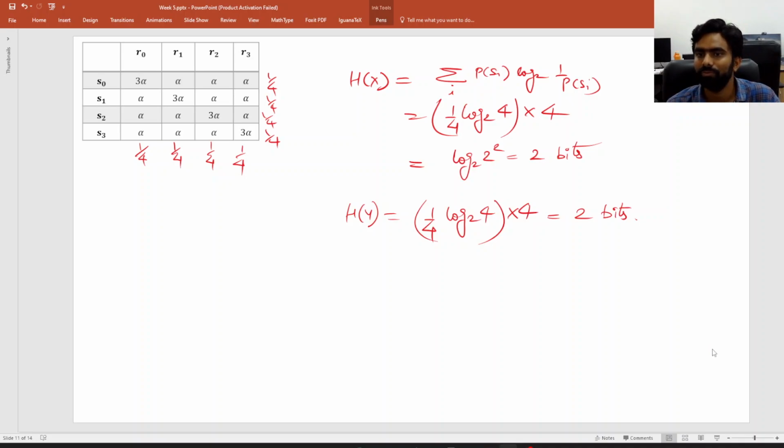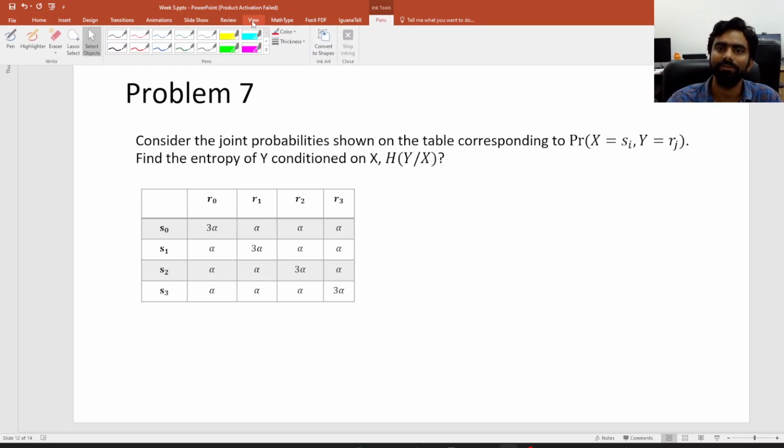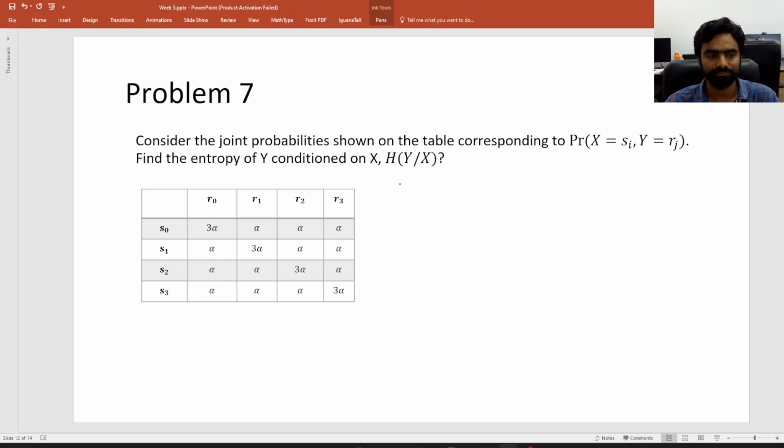Then we will proceed with the last problem. Problem number 7 is based on the conditional entropy, the entropy of Y conditioned on X. This problem will take some time. So how to write the conditional entropy H of Y given X?